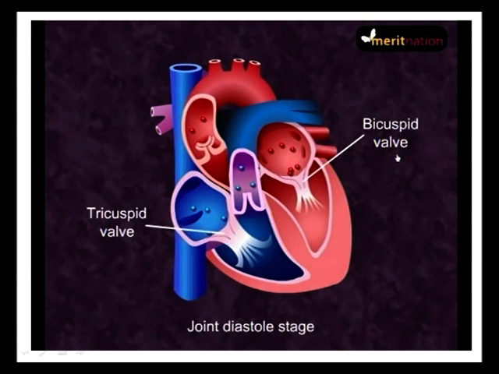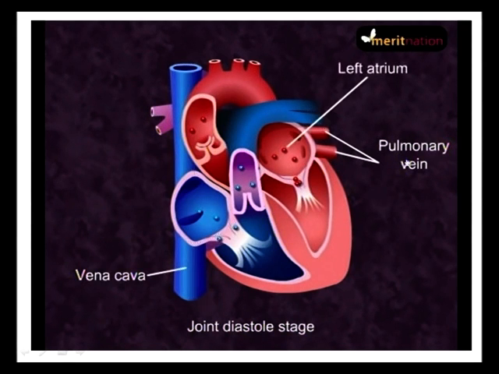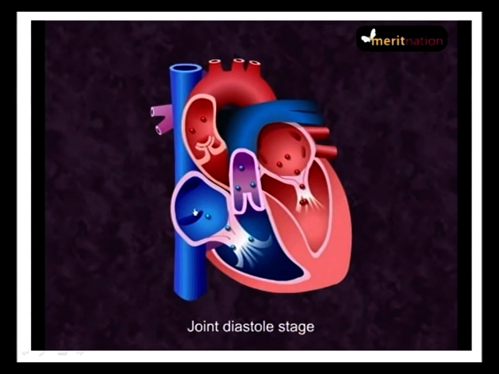From the vena cava, the blood comes to the right atrium, and from the pulmonary veins, the blood comes to the left atrium. This is the left atrium and this is the right atrium. The blood comes to the atria.